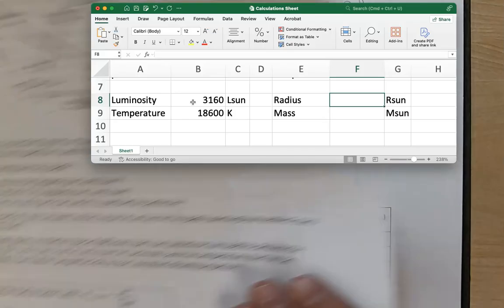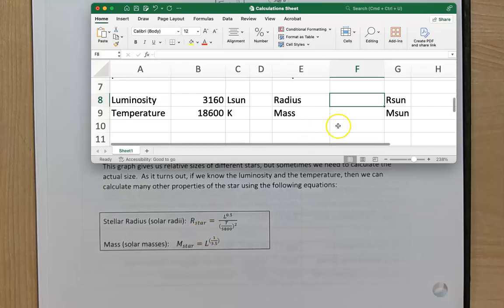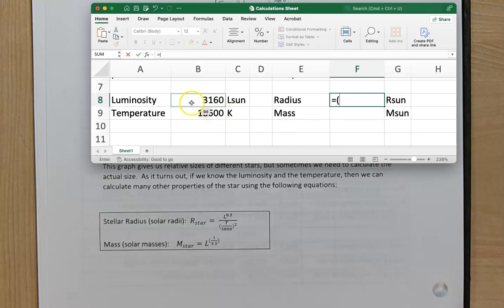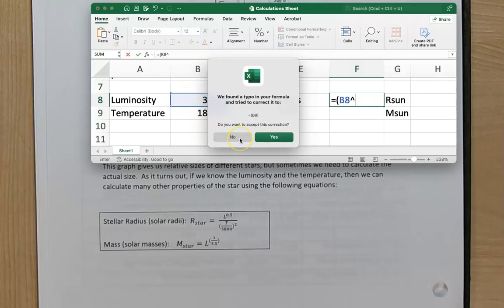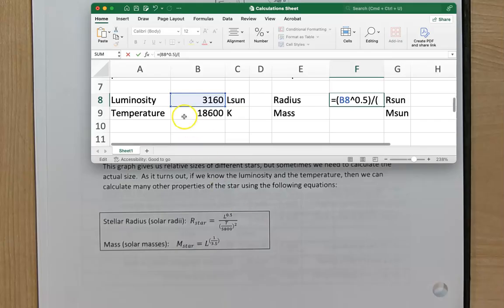All right. So the formula for the radius is going to be, the radius equals, we'll open a parenthesis here, take the luminosity, sorry, I mistyped here. So grab the luminosity, take it to the 0.5 power, take that to the 1/2 power, and then divide by the temperature. What's the temperature? It's whatever number I put in B9.